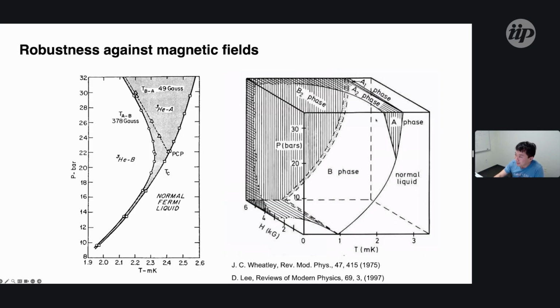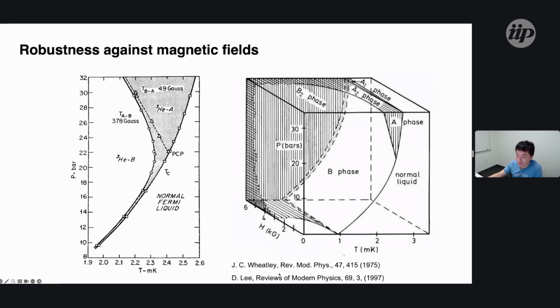And if you keep increasing the magnetic field to about 5-6 kilogauss, right, the entire phase space is taken over by this A phase. So it is a superfluid phase that's favored by an external magnetic field. That's the first indication. And what I'm citing here is John Wheatley's review article, and David Lee's article when he won the Nobel Prize, right?